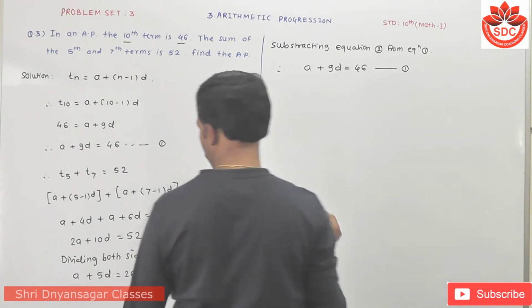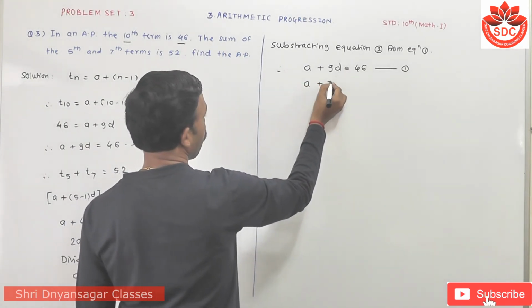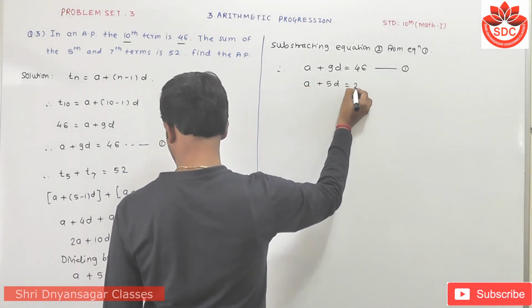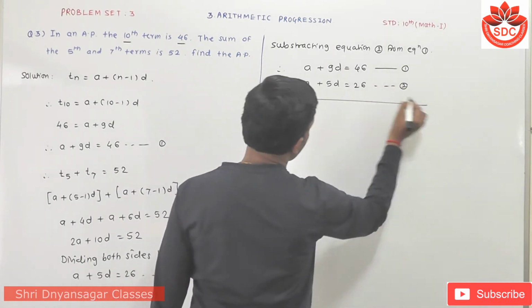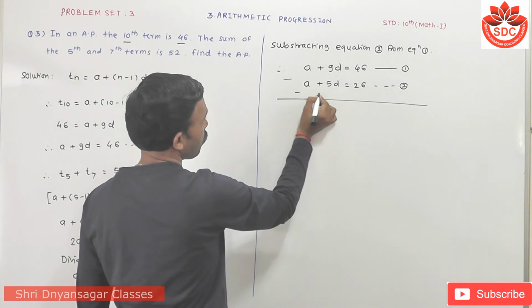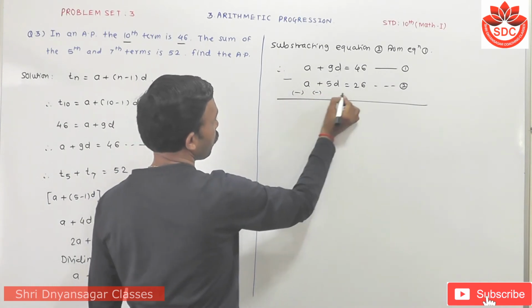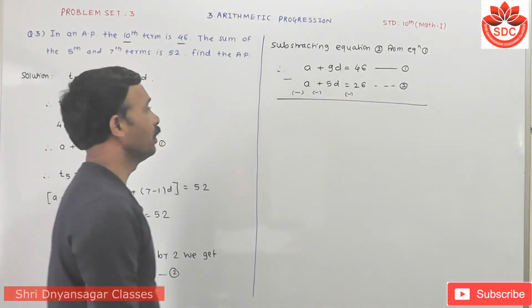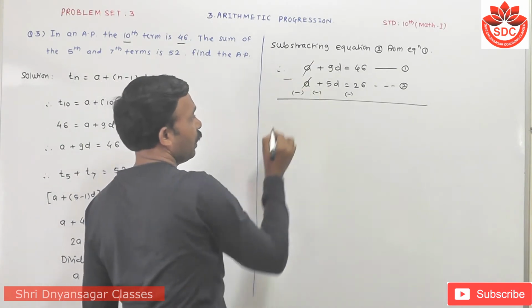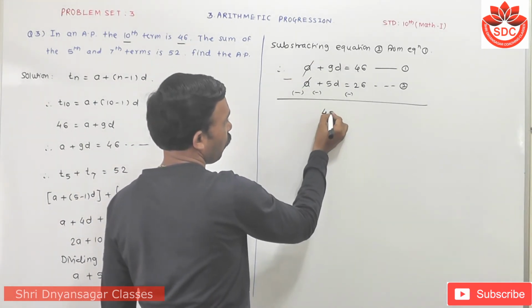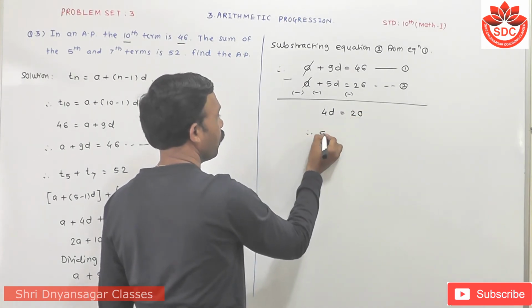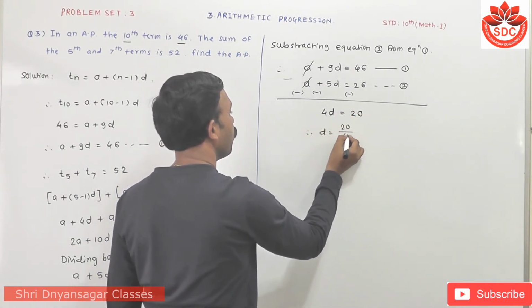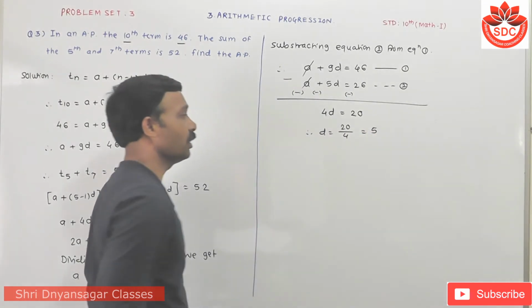Second one is A plus 5D is equal to 26. When we subtract, the signs of the second equation change. Then this A gets cancelled. This becomes 4D is equal to 20. Therefore D is equal to 20 upon 4, which is 5.